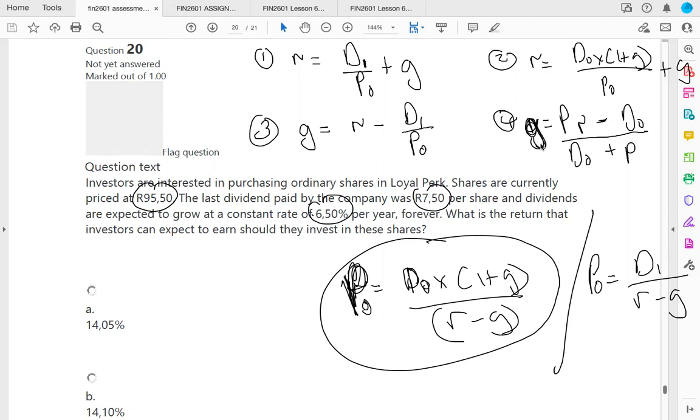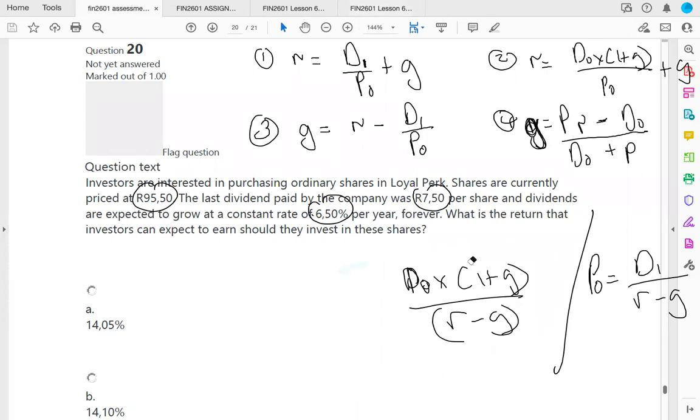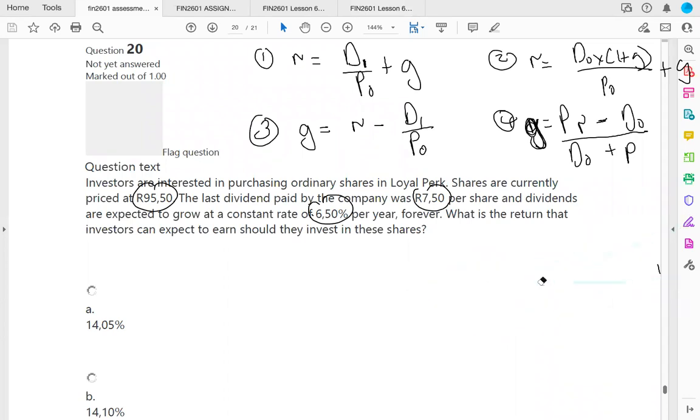So these are the formulas you need to remember for the exam. They will help you, especially if you find it difficult to make the subject of the formula to solve equations. These formulas will help you a lot.